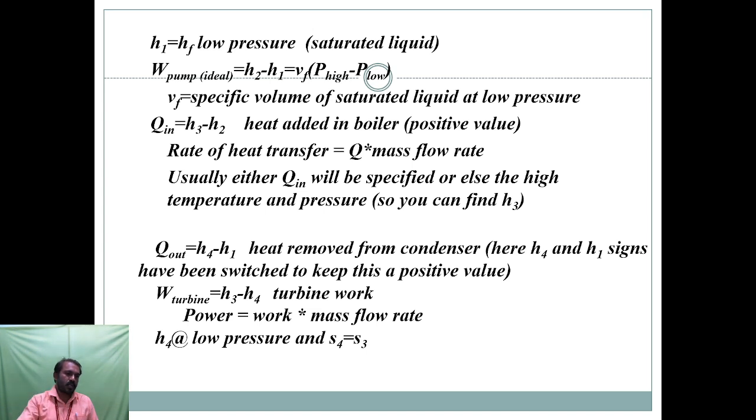The working of the turbine is to produce power. Power means work times mass flow rate, so automatically the power will be produced in the turbine process. After completing the turbine, the steam goes out to the condenser.